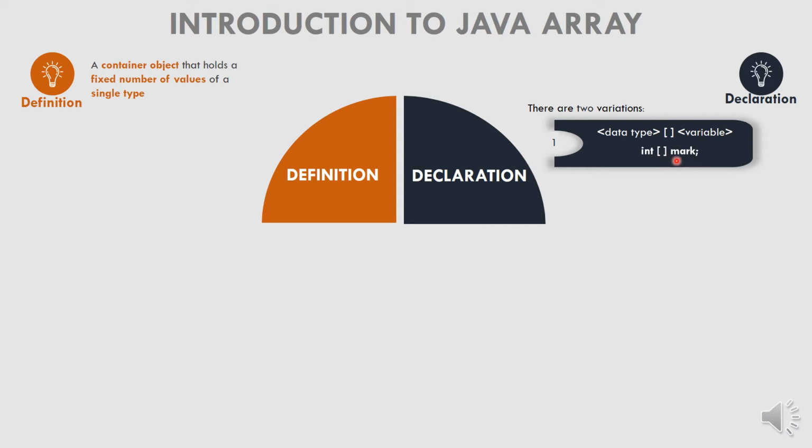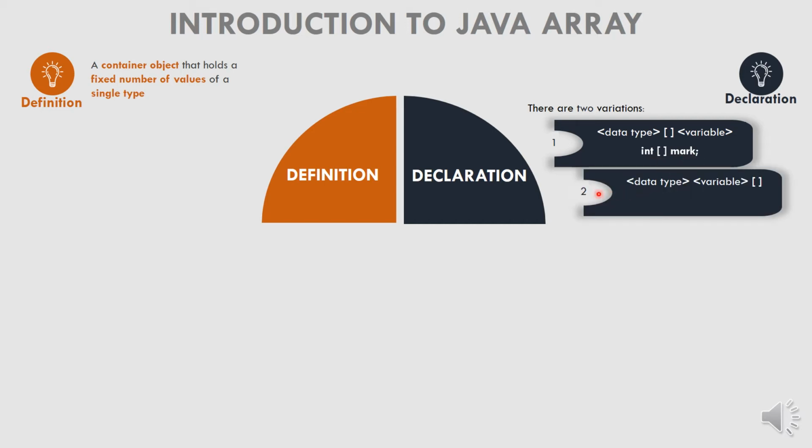This code must be placed in one line of statement. Here, mark is an array reference, which does not yet point to a container, but for sure has the possibility to hold values of type int.